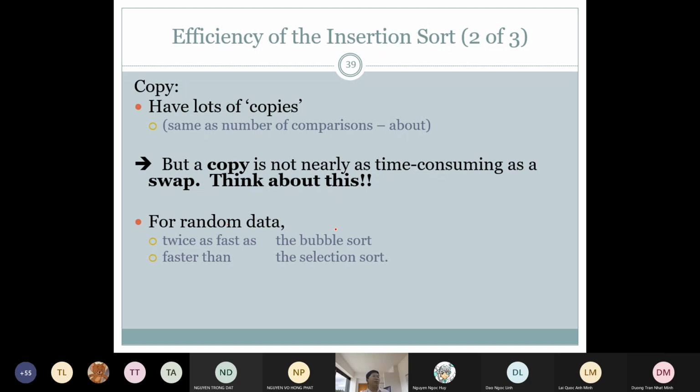In general, people compare and measure that insertion sort will be 2 times faster than bubble sort and faster than selection sort for this analysis. Of course, the running time is still n squared.